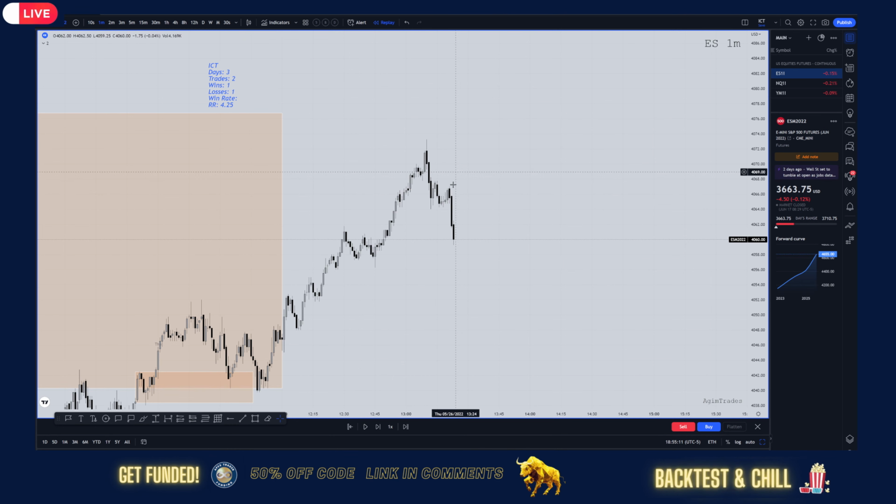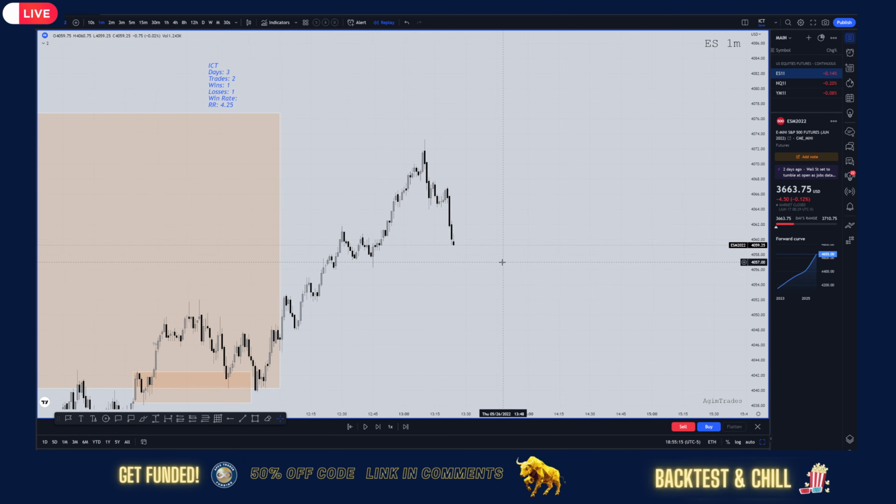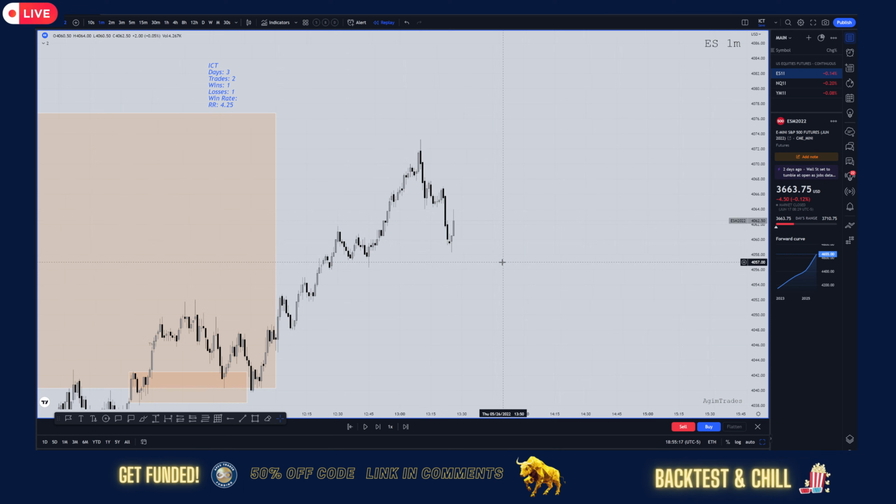If this would have broke to the upside, that would have been nice. Okay, so that was a nice. If this would have broke to the upside, I would have trusted it a little bit more because it would have cleared out that liquidity. Now there's some liquidity resting up here and a fair value gap above.